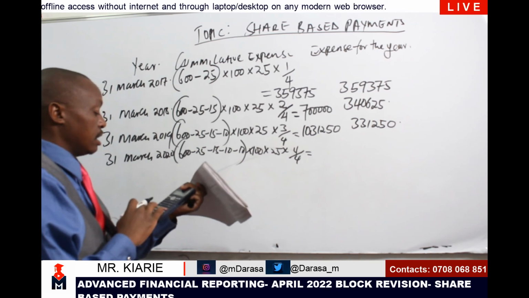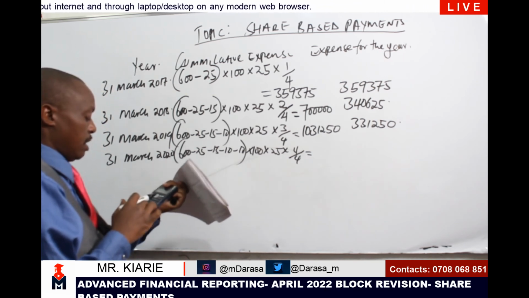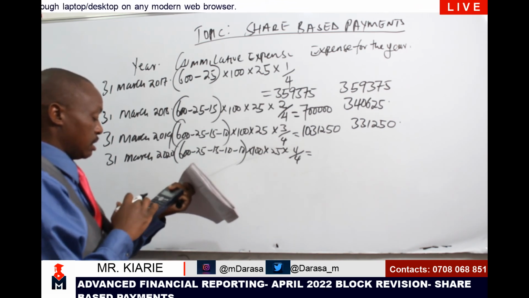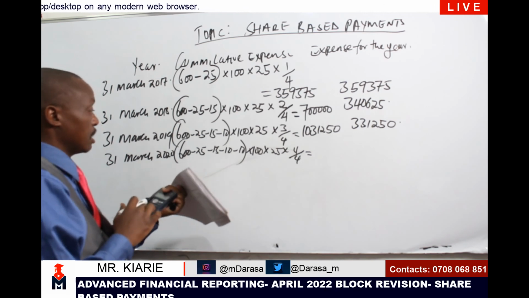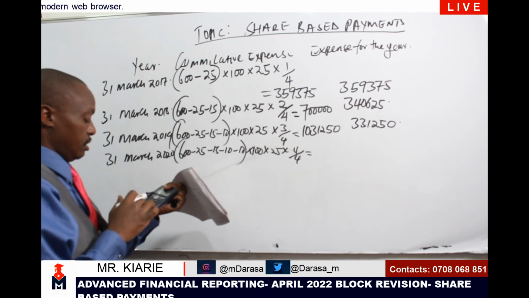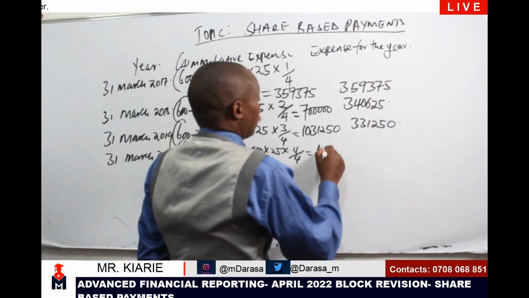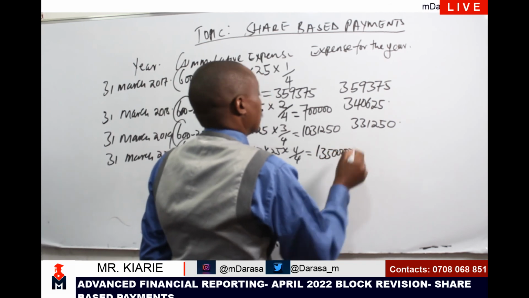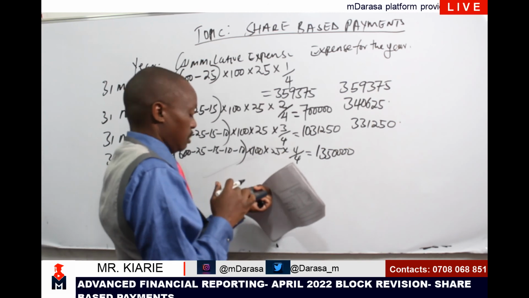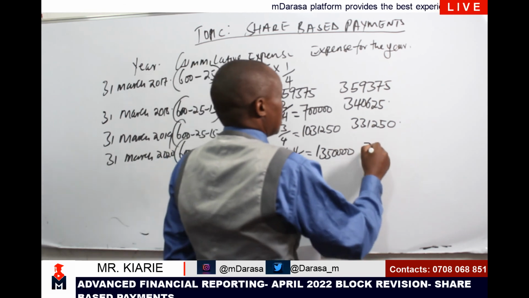It gives me 1,350,000. I subtract 1,031,250, and I get 318,750.